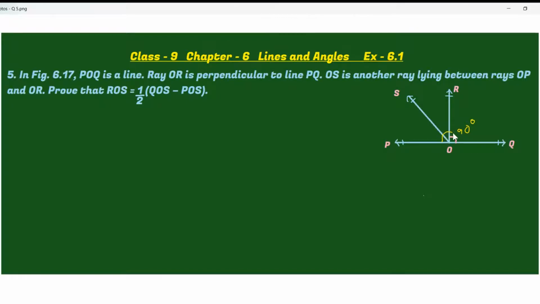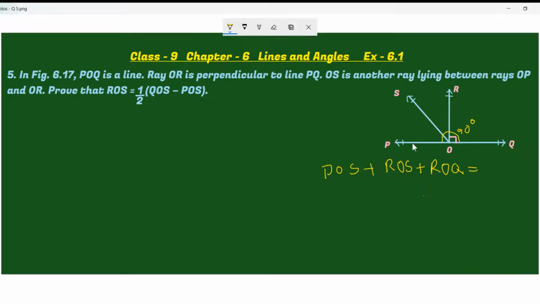This whole angle is formed by the line POQ. So I can write POS plus SOR, or ROS plus ROQ, which is equal to what?